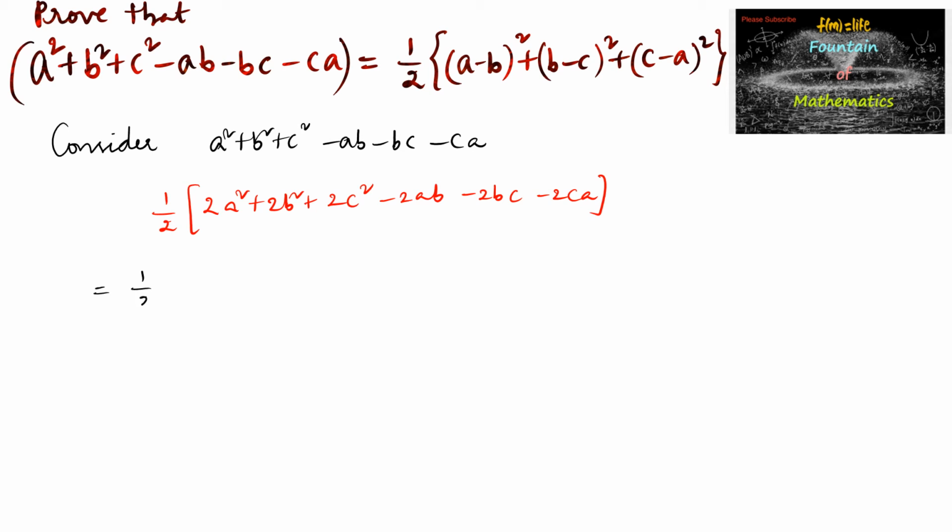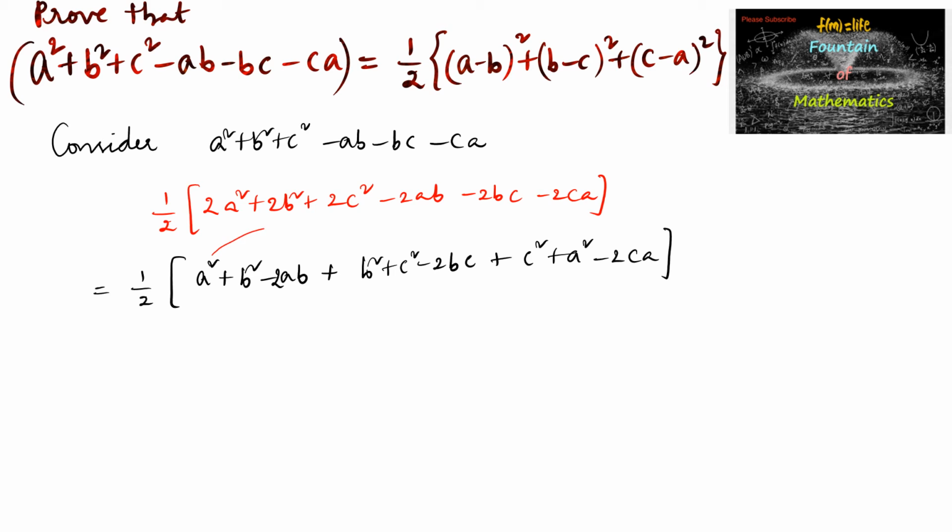which is equal to 1/2 times: we can write a² + b² − 2ab, and again b² + c² − 2bc, and again c² + a² − 2ca.